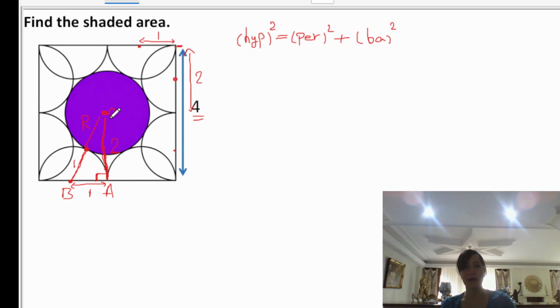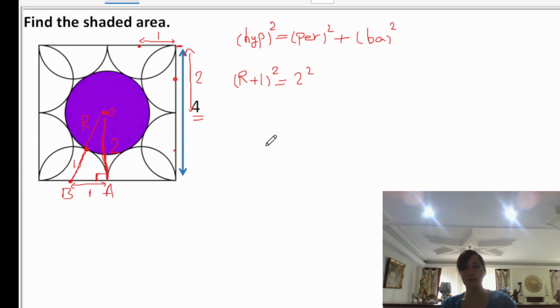Okay, what's the hypotenuse here? It's r plus 1, OB. OB is r plus 1, to the power of 2. So what's the perpendicular line? It's 2 to the power of 2.